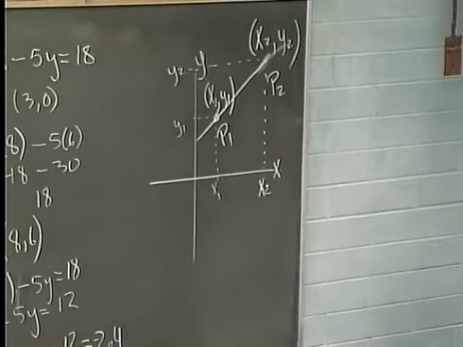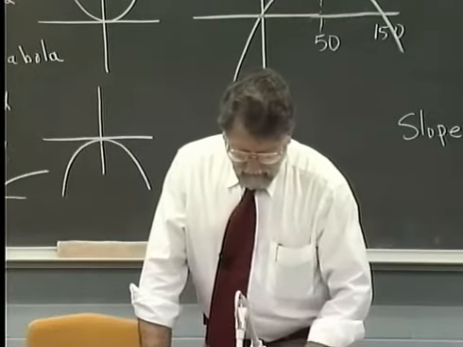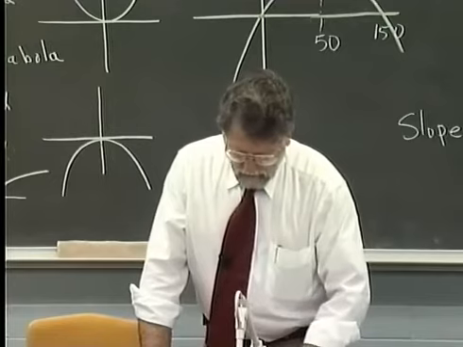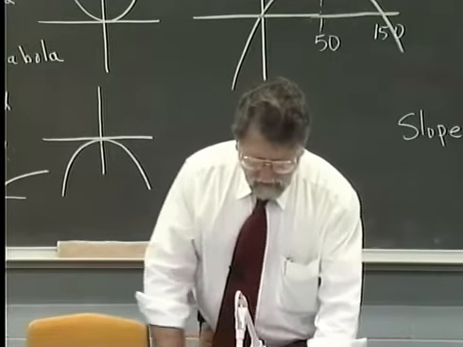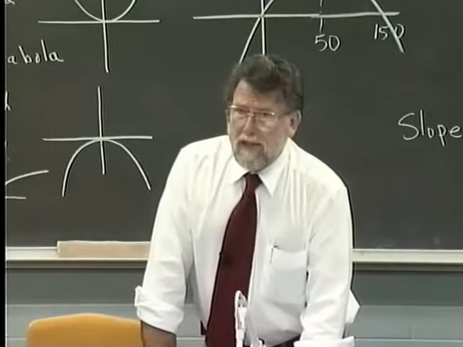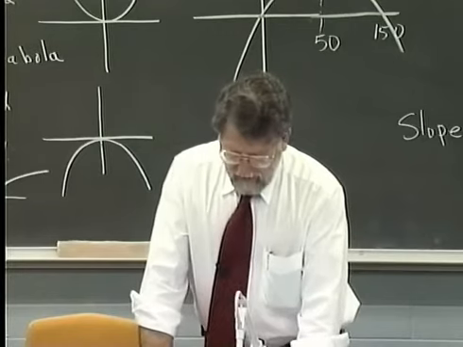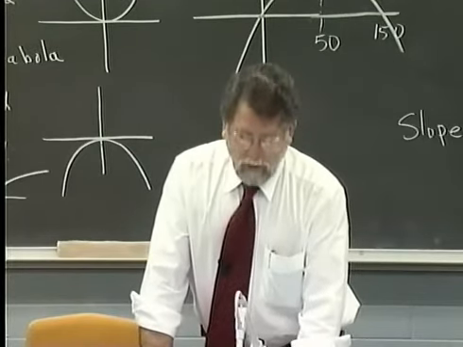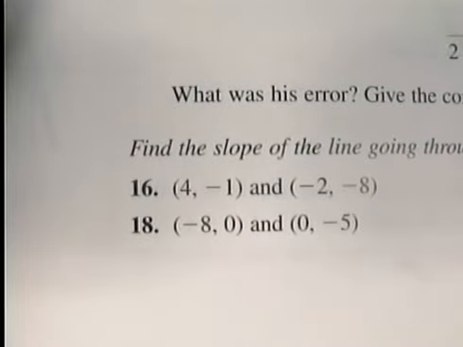So we'll leave that there, and what I'm going to have you do is find me some slopes for homework. I'm just going to ask you to find the slopes given some pairs. I want you to graph the pair of points and find the slope. We're on page 208, starting at problem 16 and going through problem 25.